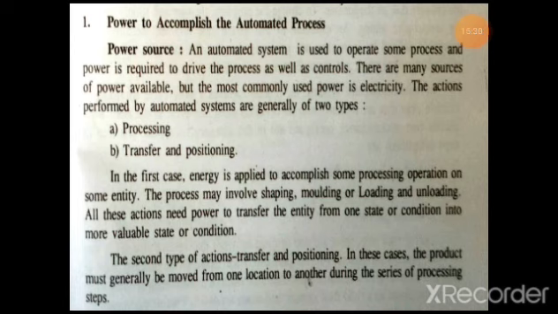This is what transfer and positioning plays a part in. For both processing and transferring and positioning to happen, we need a power source, electricity. This is the first requirement of an automated system.